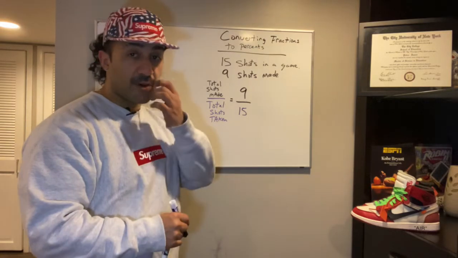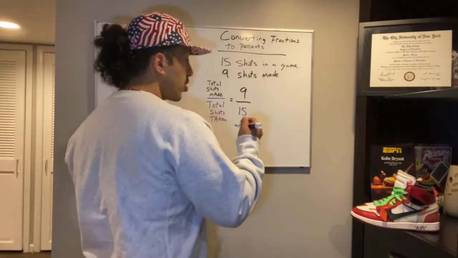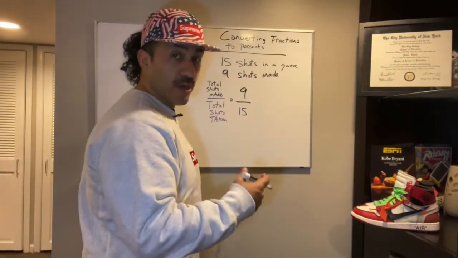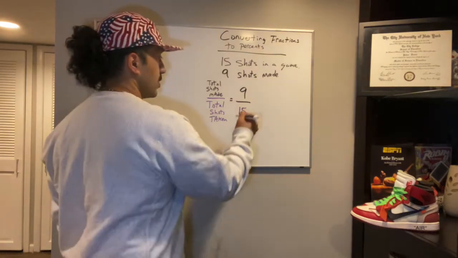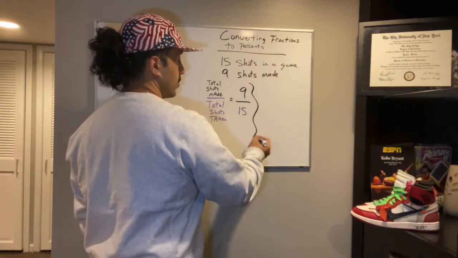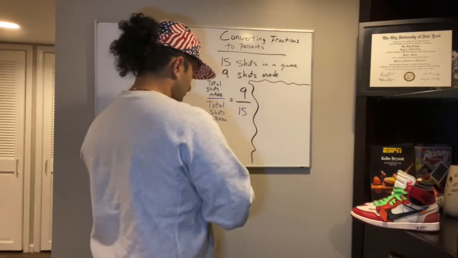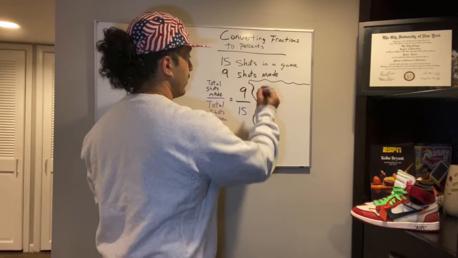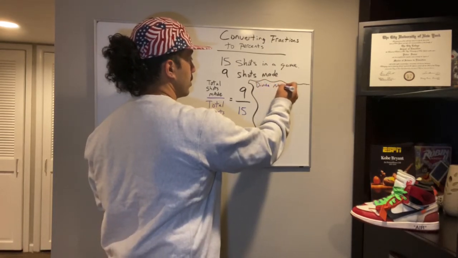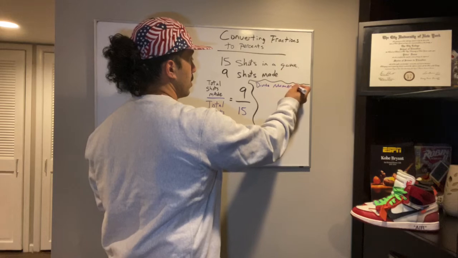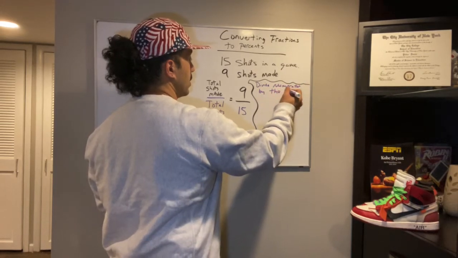So how are we going to figure out what this is as a percent? Well, we're going to divide the numerator, the number on the top of the fraction, by the denominator. Okay, so let's make a little think box over here and write out, divide numerator by the denominator.